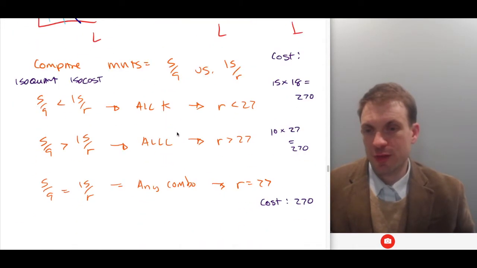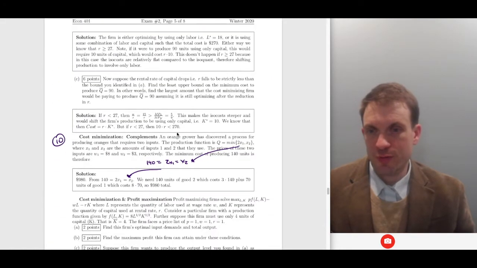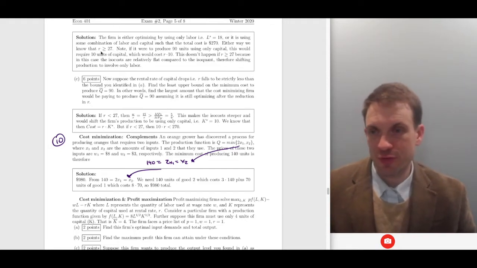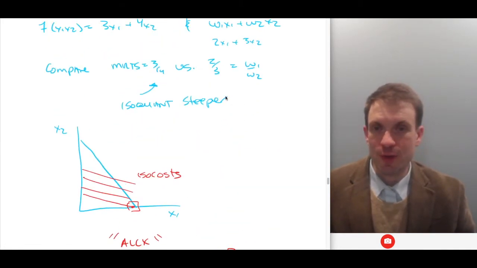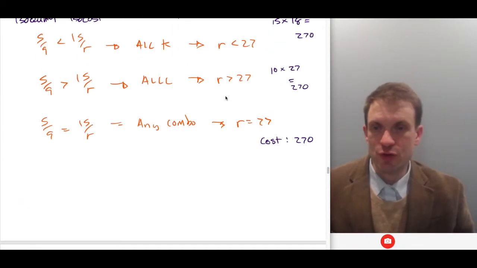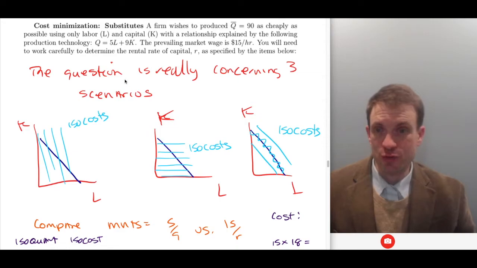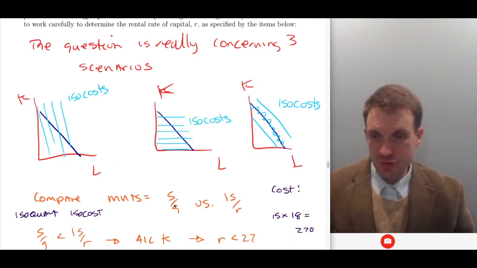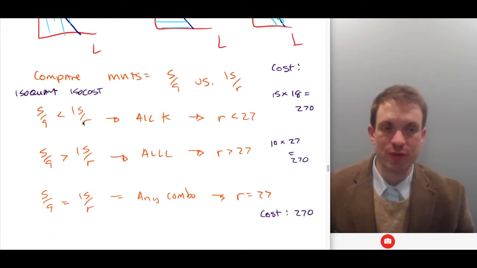And the analogous question is, suppose the price of capital does fall, what can we say about costs if we tip over our production plan to using capital? Ultimately, this question comes down to exploring what happens to the optimal solution given changes in the rental rate of capital, which is the unknown piece of information.